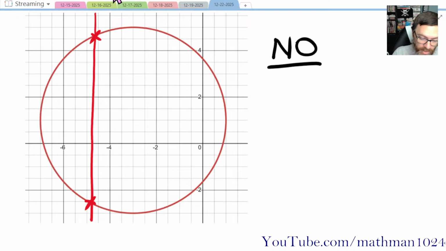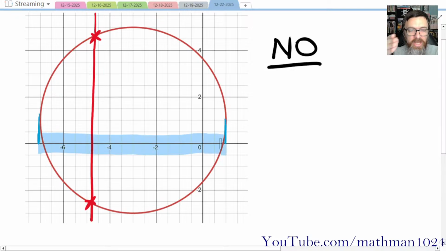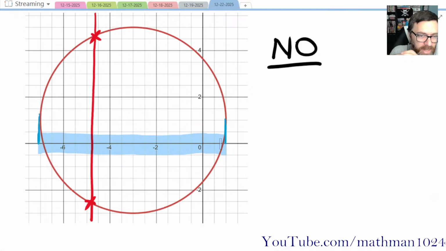So here's what we want to do. We want to see what our domain is. If you take this farthest point here on the left and bring it down to the x-axis, and you use everything going all the way over here to the right, everything between these two values, these outermost edges, describes our domain.